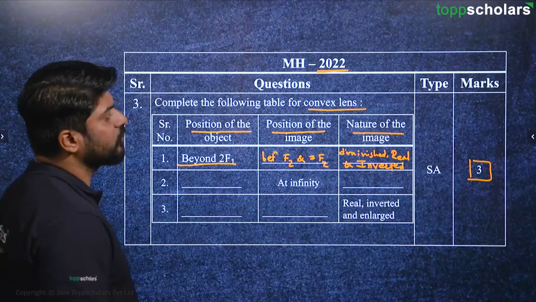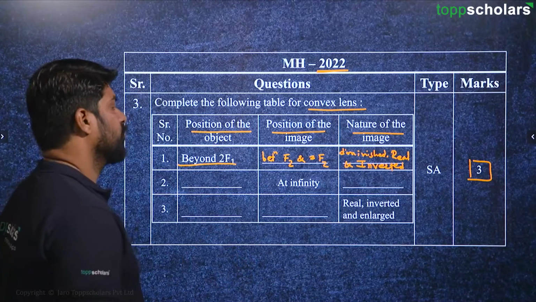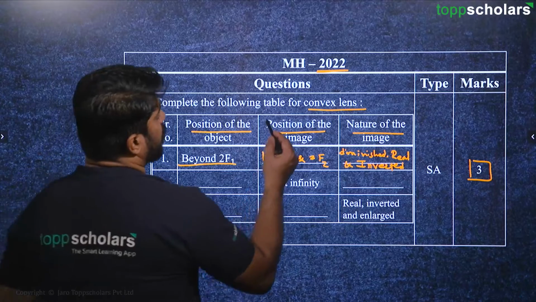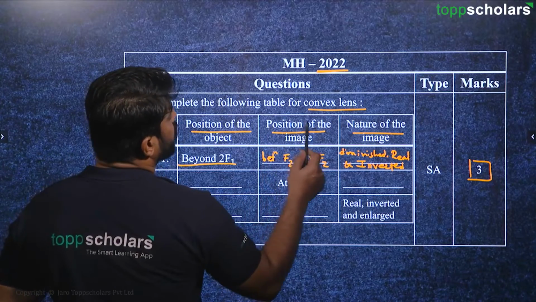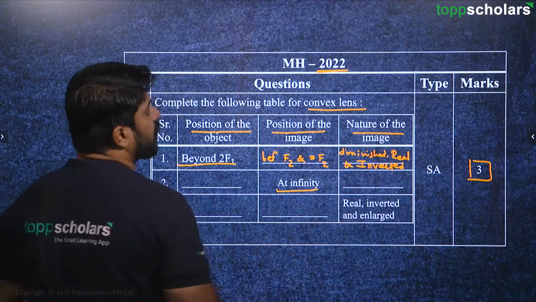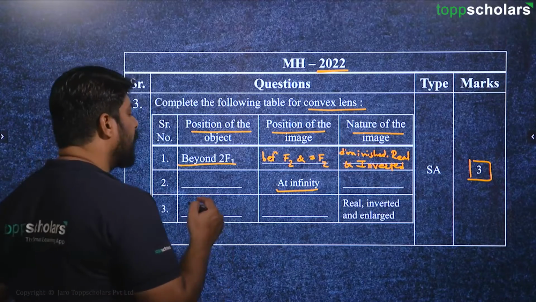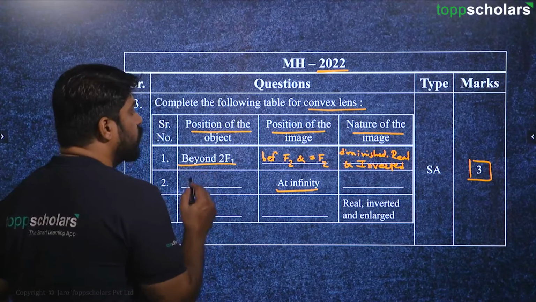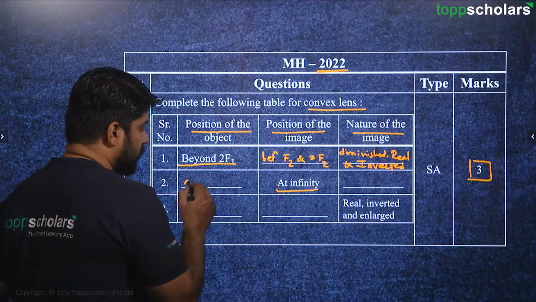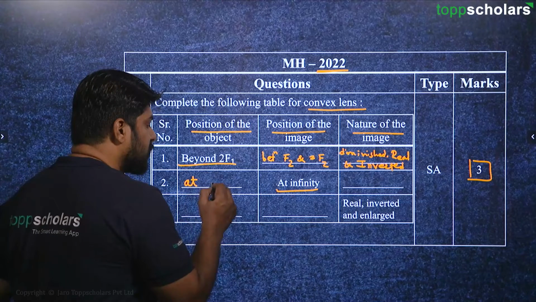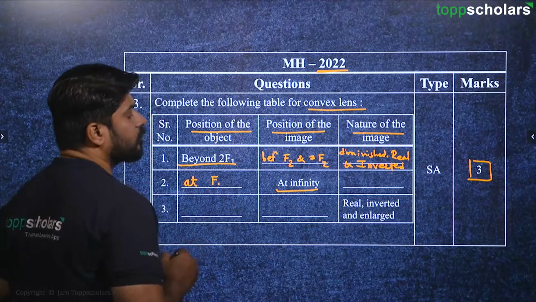Okay, so this is going to be the nature of the image. Next, here we can see that the position of the image is given and it is at infinity. Okay, so this basically happens when the object is placed at principal focus.